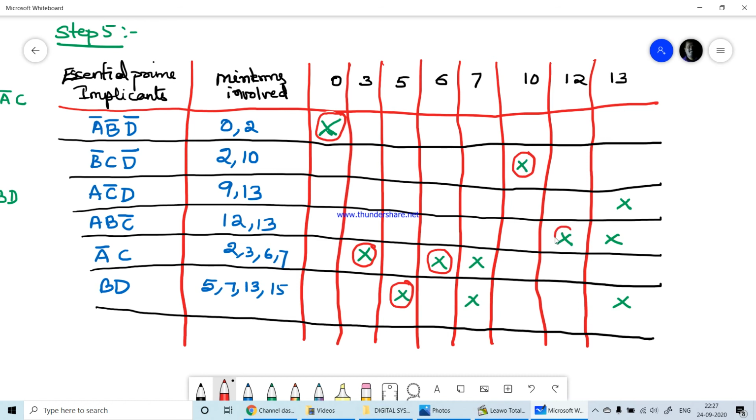All others have 2 crosses or 3 crosses, so they don't get a circle. Only those columns which have a single cross will have a circle.